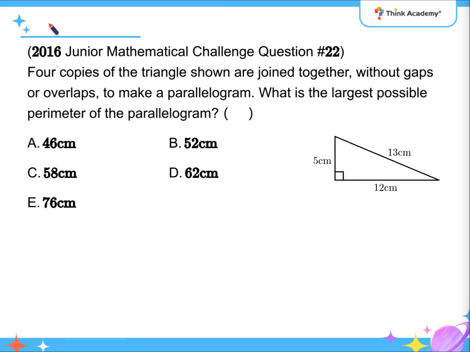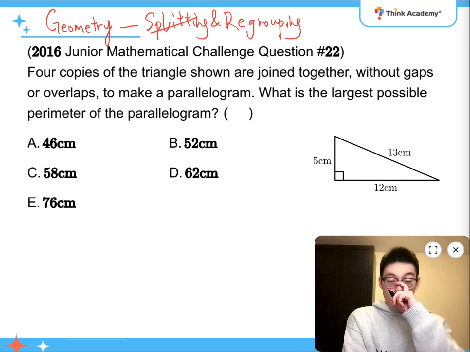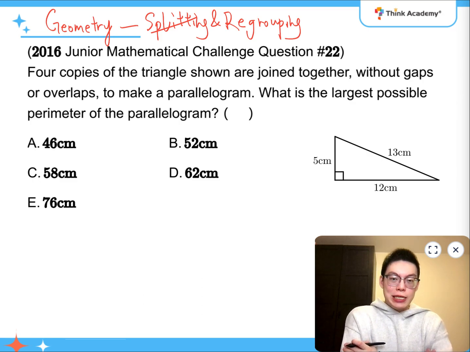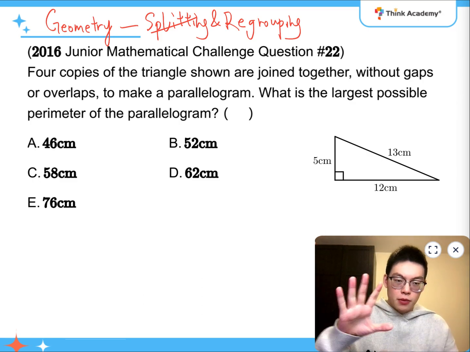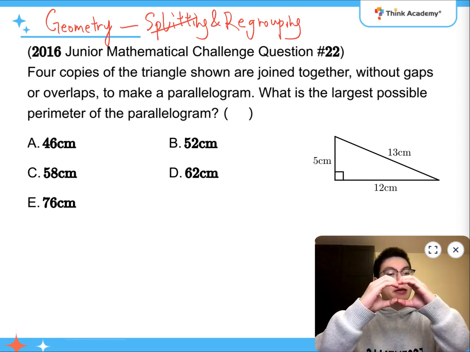And as for question 22, it's another geometry question on splitting and regrouping. So it is not really about splitting, but it's more about regrouping. So we have 4 triangles like this joined together. Well, we know that when we are connecting 2 of these triangles, one of the sides of one of them is going to stick to the other side of the other, right?